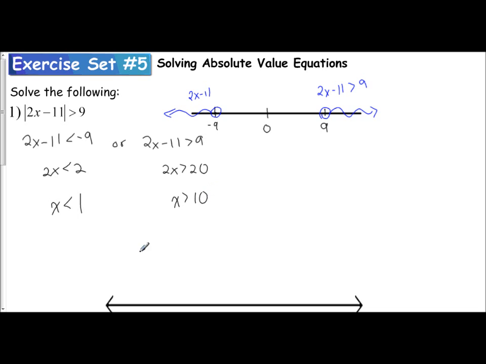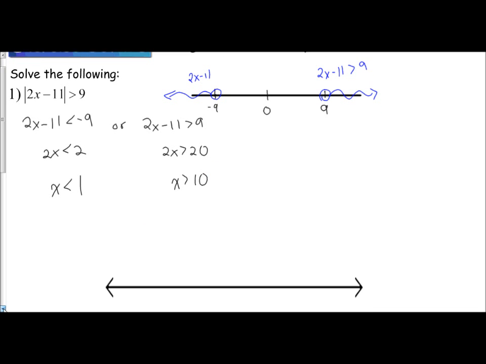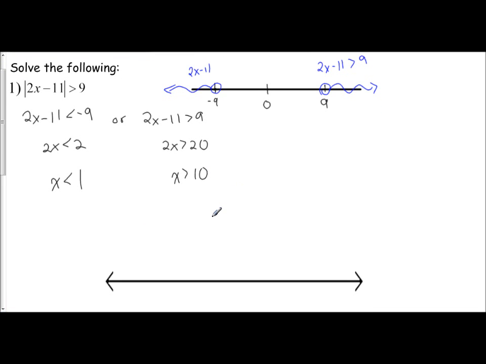And so I'm going to write it above the graph as one compound inequality statement. It says x is less than 1, or x is greater than 10. Let's put 1 here on the number line, and we'll put 10 here.